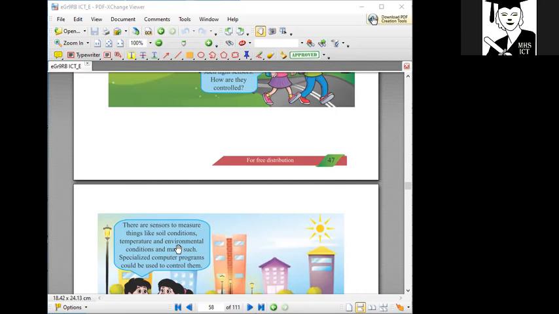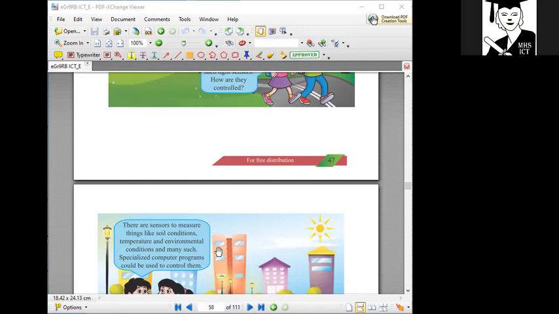If that level goes above, then the detector detects that the temperature is going up, and it gives the signal to us. Something like that. There are sensors for environmental conditions like light, night and day, and there are many sensors.